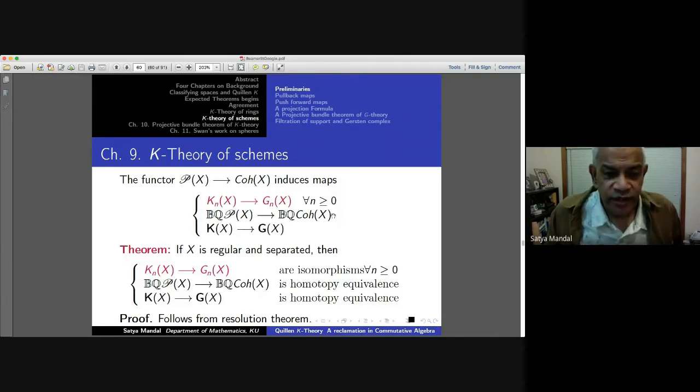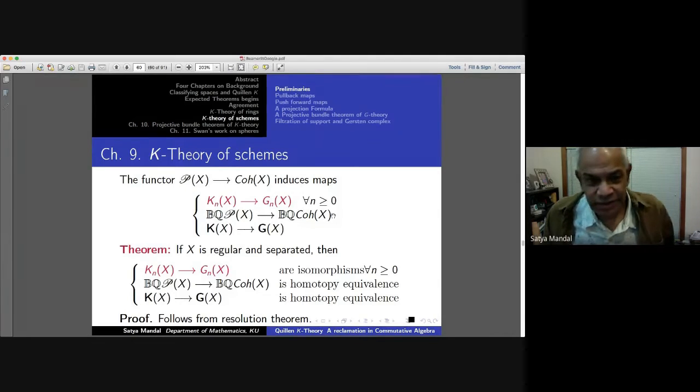And if X is regular and separated, then these maps are isomorphisms.